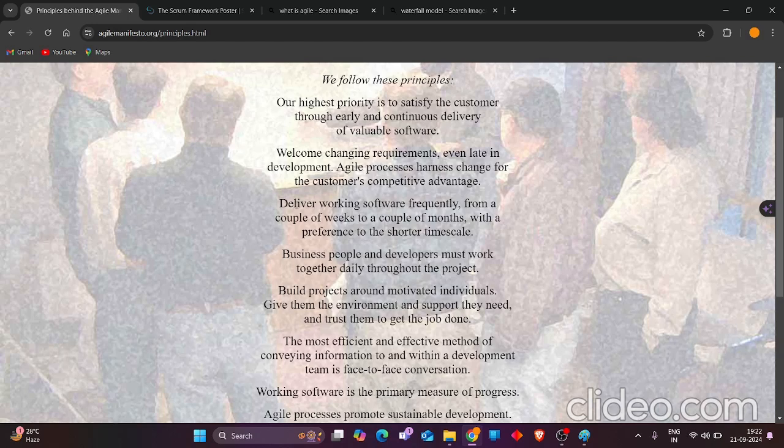We should divide our software into parts and deploy them for satisfying the client.